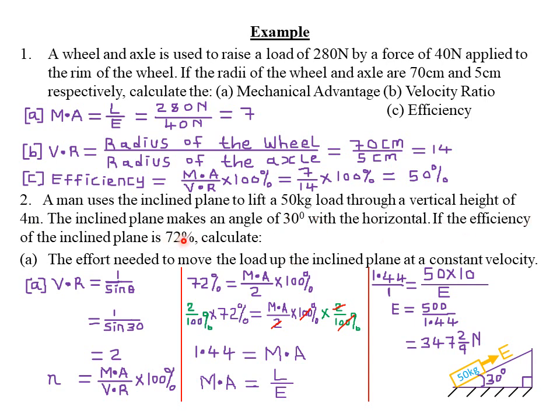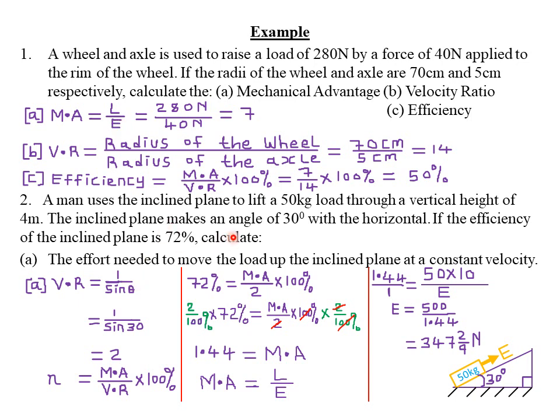If the efficiency of the inclined plane is 72%, calculate part A, the effort needed to move the load up the inclined plane at a constant velocity. Remember, if we want to find the effort, we'll find a formula that has the effort in it. And we know that mechanical advantage is load over effort. Therefore, the first thing is to find the mechanical advantage of our system.